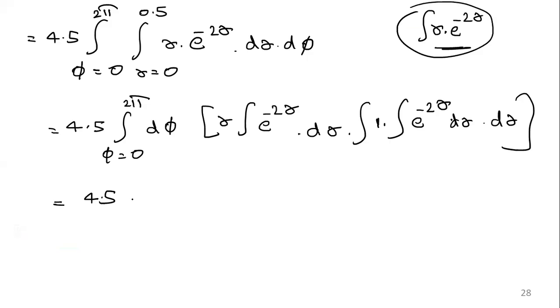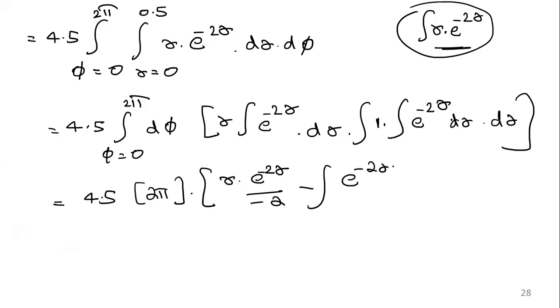So 4.5 into 2 pi into r into e raised to minus 2r by minus 2, minus the integral of e raised to minus 2r by minus 2, again with dr. Try to find the integration by parts formula and do it yourself, because that will be effective learning.